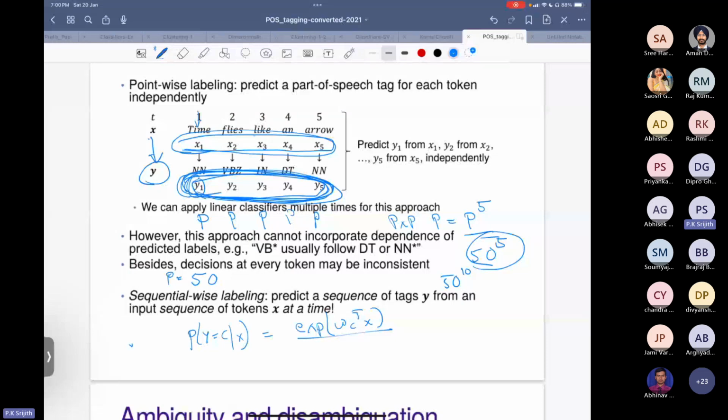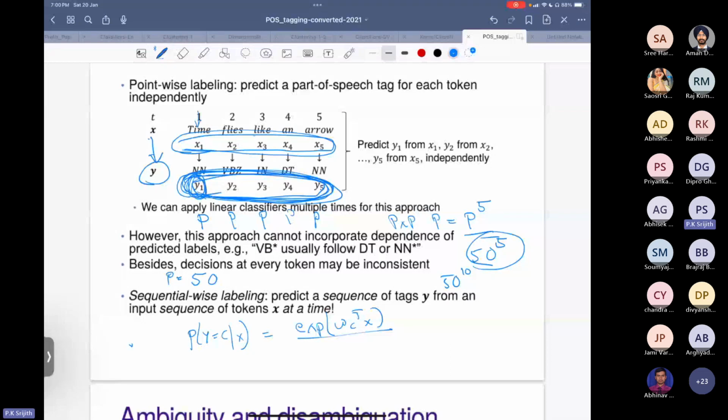So basically in this example, each component is representing a part of speech tag. Part of speech tags number around 50. So each of these components is taking 50 possible values, and in this example, we have a sentence of length 5.